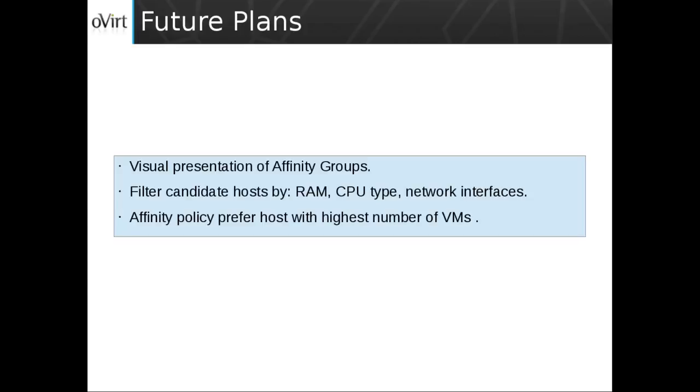That's also something we want to do. And the third thing is we want to change the affinity policy in the scheduler such that the host with the highest number of VMs will be chosen. So this is also going to happen soon.